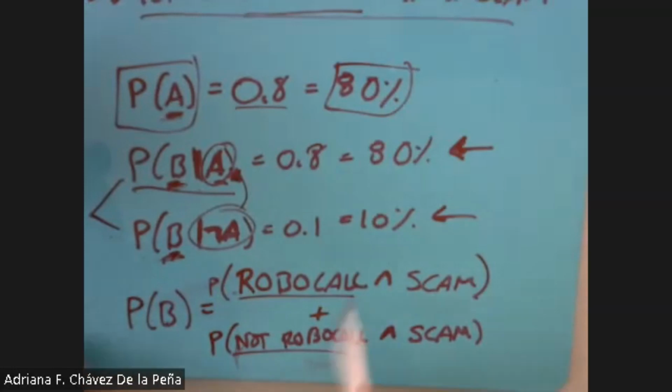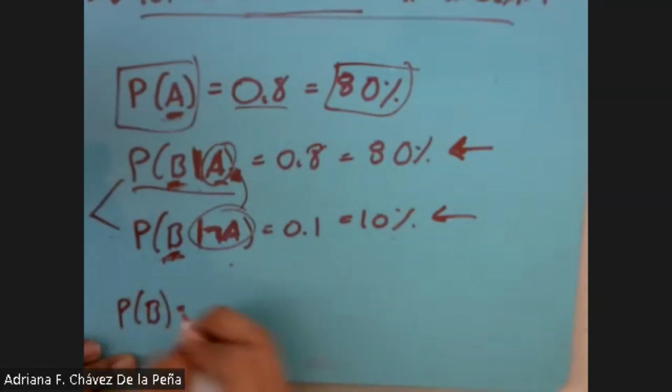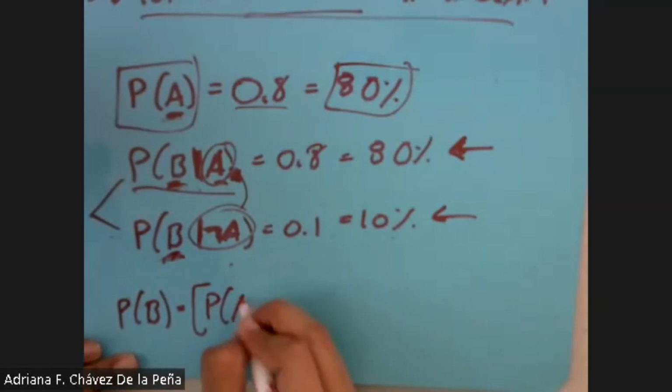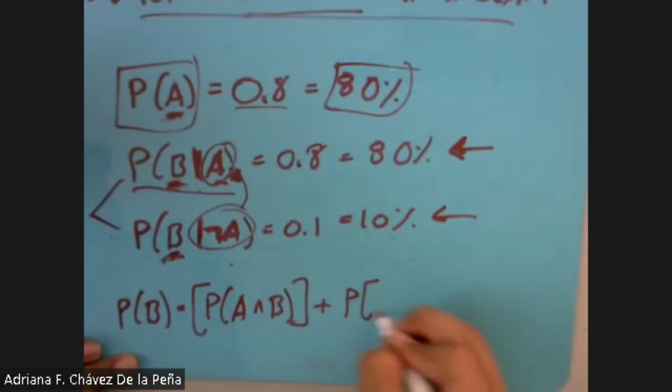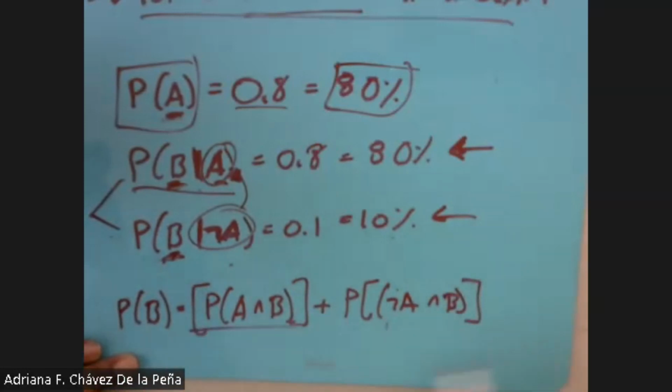Now, how do we compute these joint probabilities? Well, we're going to do that by using the product rule. P of B is going to be equivalent to P of A and B plus P of not A and B. I'm going to substitute these two now. So I know that this is a joint probability.